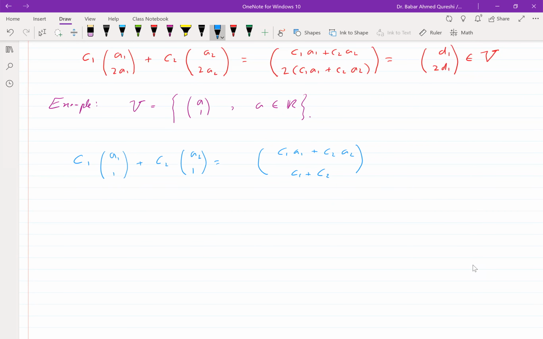Now C1 and C2 could be anything, but my space was defined that the second component has to be 1. So this does not belong to V. Or you can simply check that if I add this vector to itself, I get a 2 down here. Don't want it. Or it does not belong to my original space. So this is not a vector space.